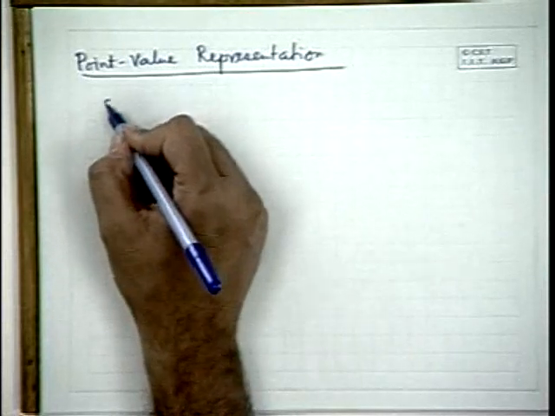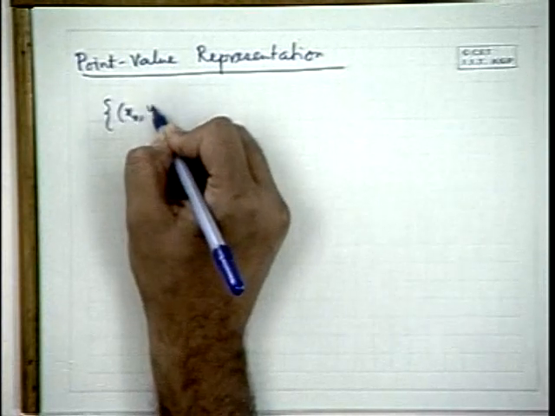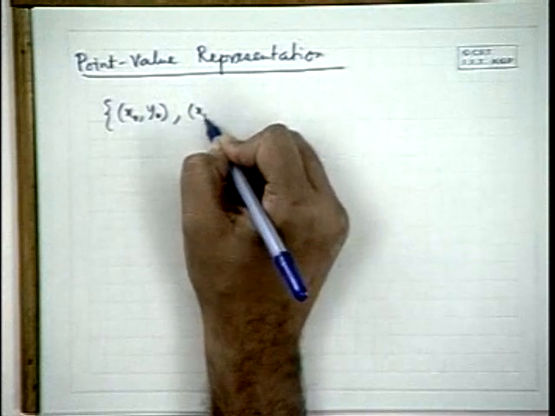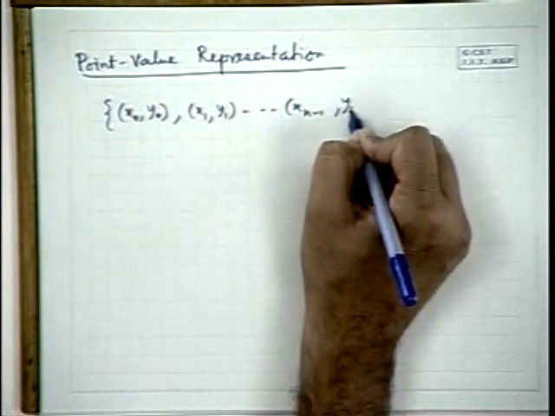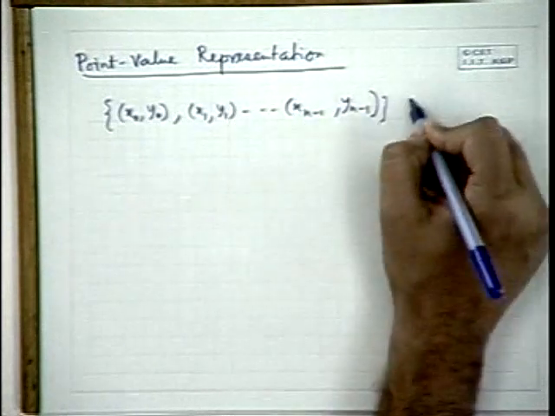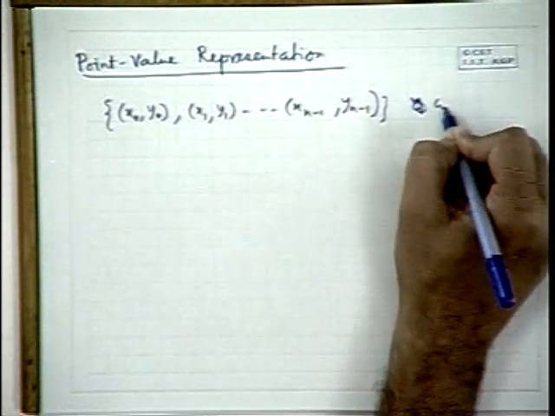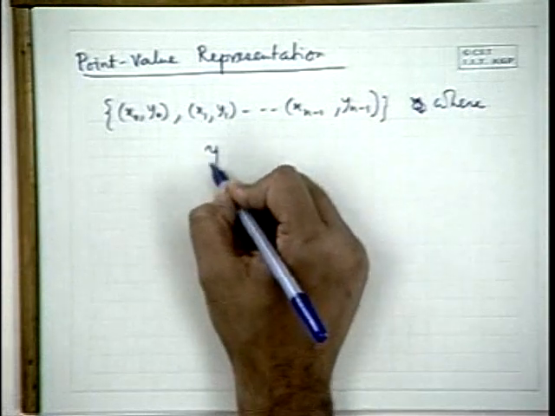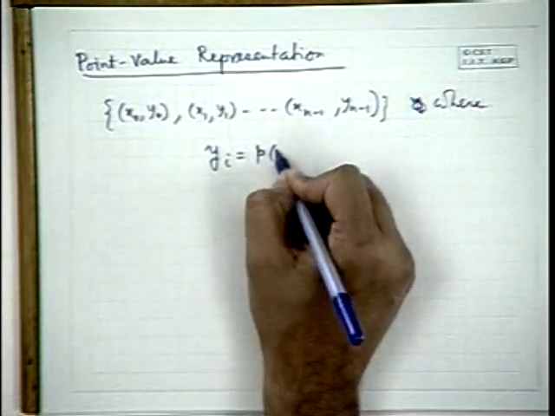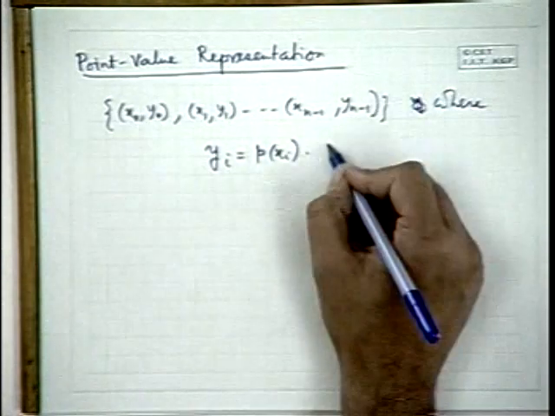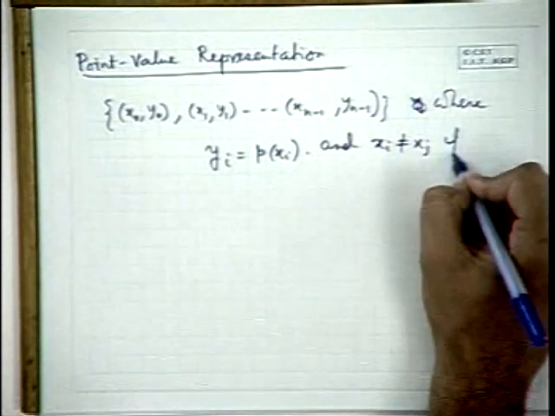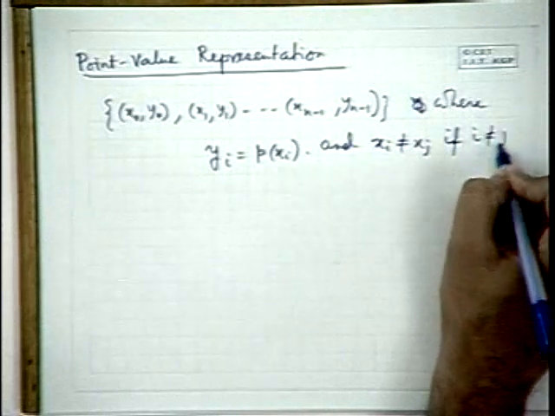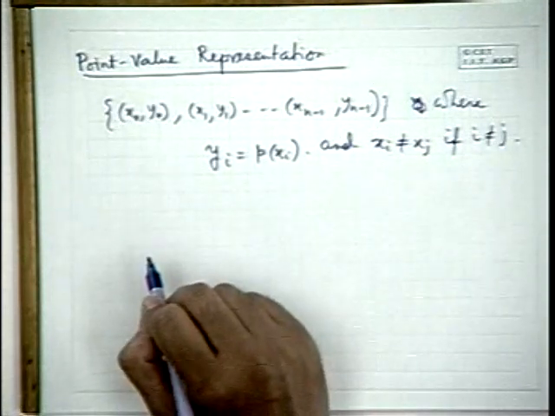So point value representation is x0, y0, x1, y1, up to xn minus 1, yn minus 1, where yi is equal to p of xi. And of course, this has to be true, that xi is not equal to xj if i is not equal to j.